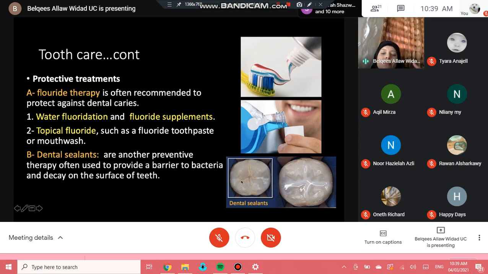We fill these grooves, so the bacteria will not have the chance to grow in these grooves or fissures of the tooth, and this reduces caries formation in the kids until they have their permanent teeth. Because you know the kids do not brush daily and do not care about oral hygiene. So this is the best way to avoid tooth decay. In the kids we do dental sealants. Clear?